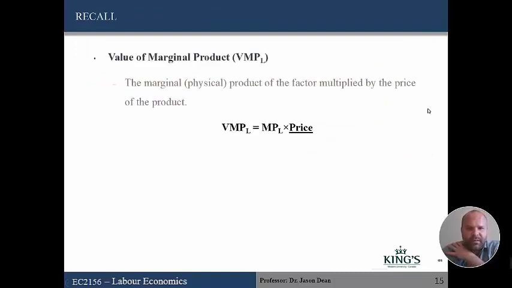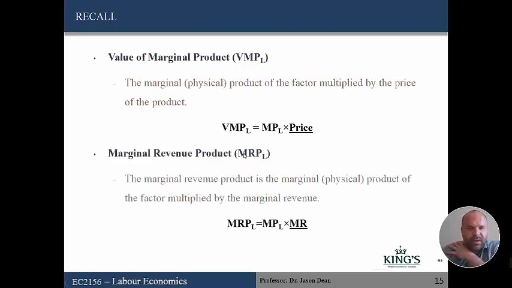If you remember, we talked about the difference between the value of marginal product and the marginal revenue product. Before, the price was equal to marginal revenue, and so we used the value of marginal product. But here, when we're talking about a monopolist, the additional benefit or the additional revenue a firm gets from hiring another person depends on their marginal product of labor and also the marginal revenue.